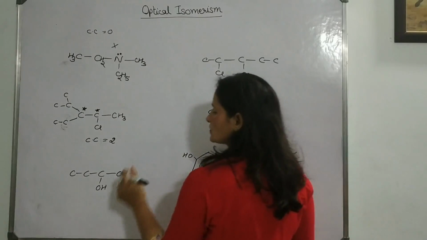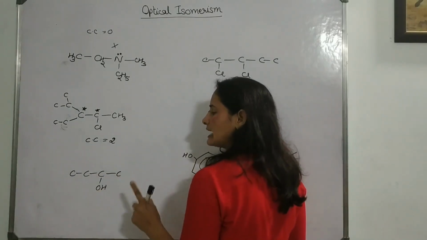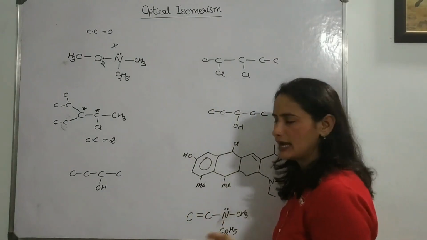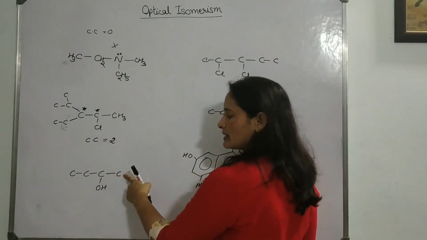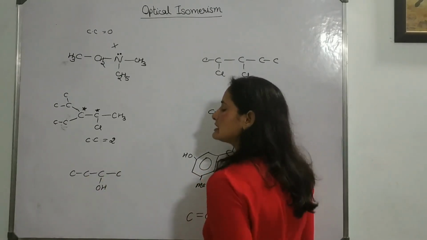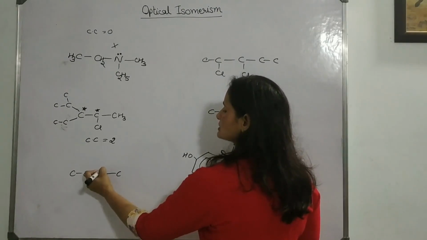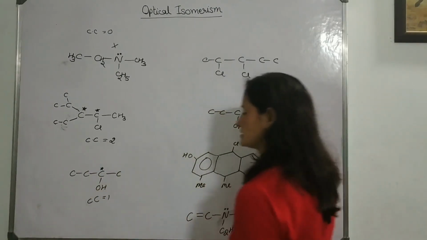Now check this one. Definitely these ethyl or methyl are not going to be chiral, having more than one hydrogen. Only hope is there. So this carbon is having one methyl, one OH group, and definitely the fourth one is hydrogen, so it's going to be chiral. So it is having one chiral center.